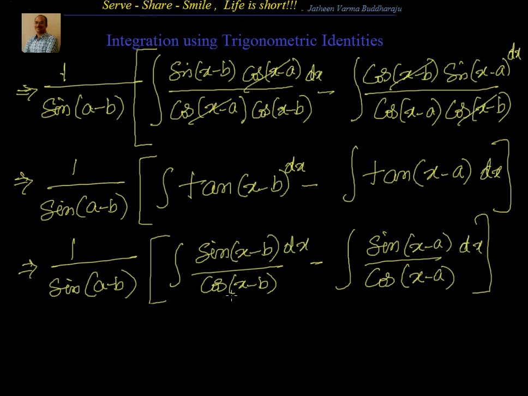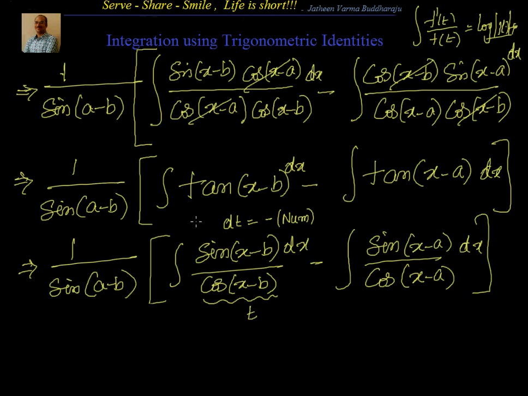Now see here what happens if you take cos of x minus b equal to t. What is your dt? dt is nothing but minus of your numerator. If I take cos x equal to t, dt is minus of sin x. So it's nothing but dt by t, which is nothing but log t, but there is a minus there. We have already seen that the integral of the derivative of a function divided by the function itself is equal to log of the function.